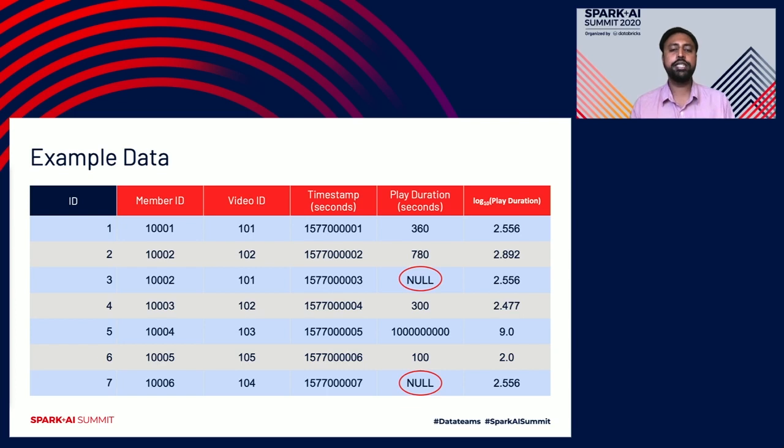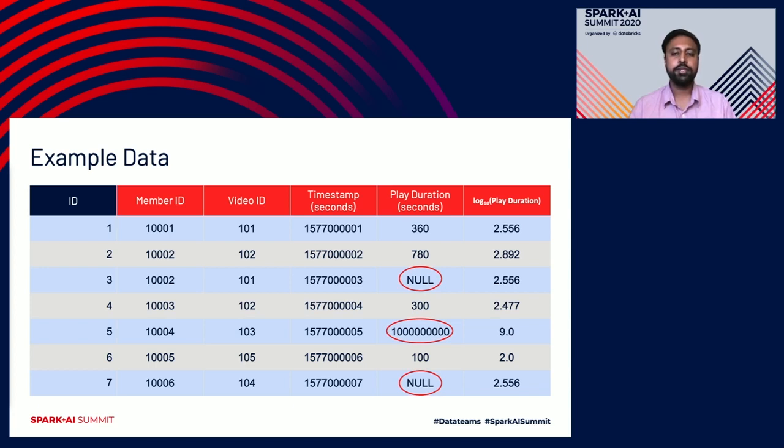And so you can see already that having too many of these null values could dilute the importance of your feature. Another example in the same data set is this extreme example where you had 1 billion seconds of play. So these are some of the things that you might want to be considerate about when you're building your data sets.